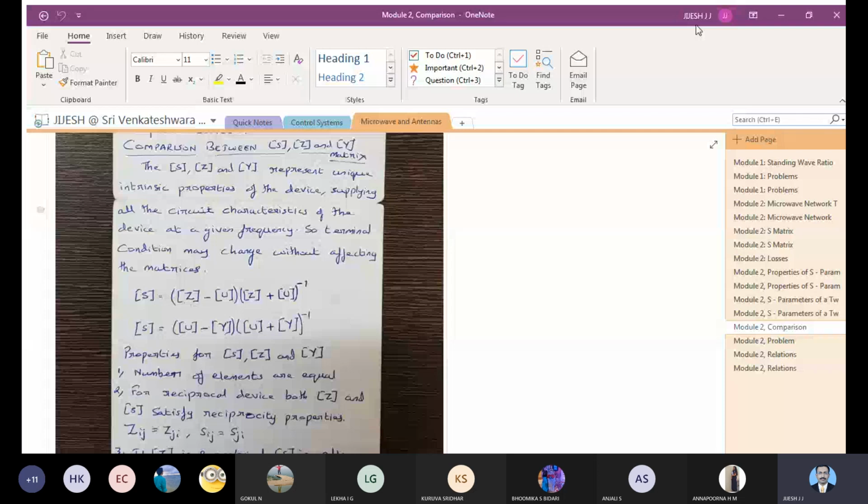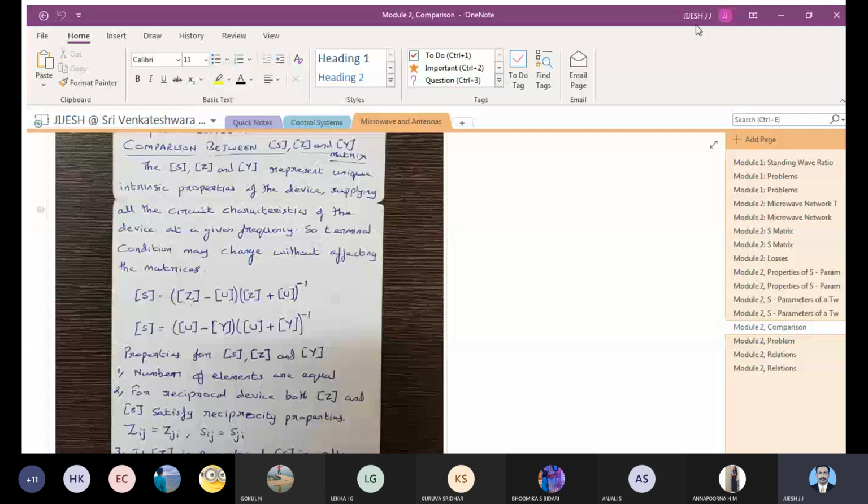In admittance, matrix S is (U minus Y) times (U plus Y) inverse, where U is the unitary matrix.